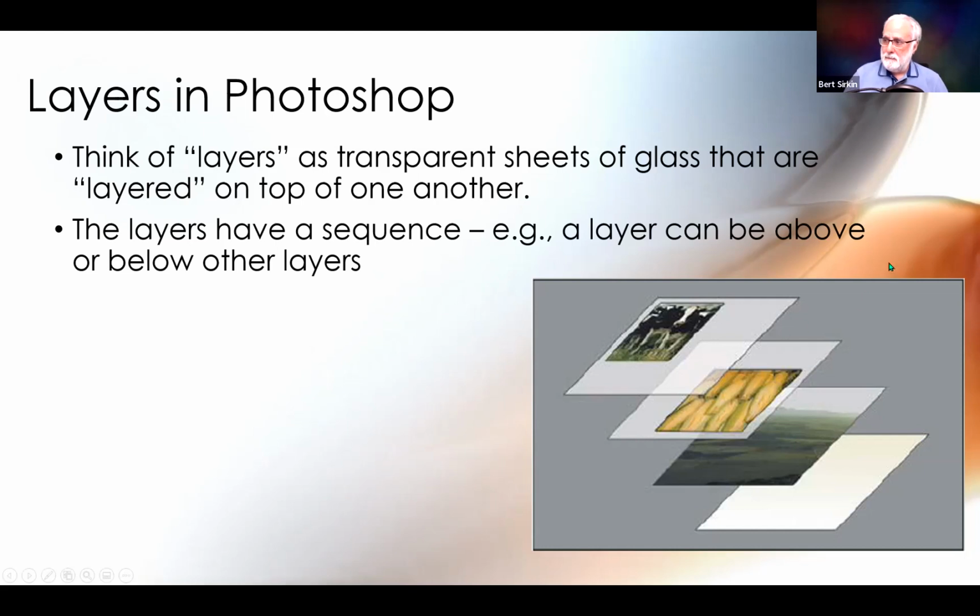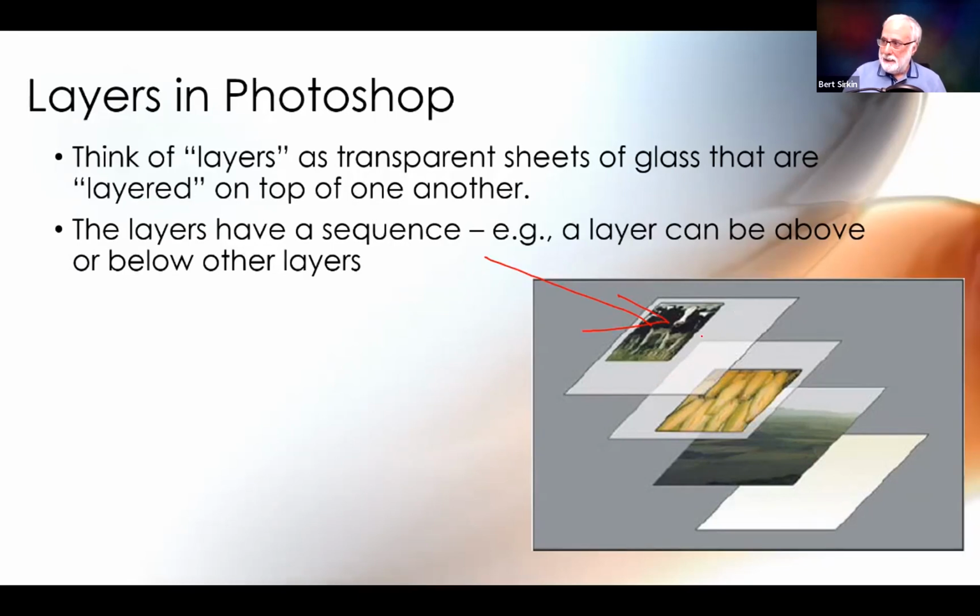So as we see in this little example here, you can see this top layer is on top of this next layer, which is on top of the next layer, which is on top of the bottom layer. And if this layer is completely covered with an opaque image, then you can't see the bottom layer, because what you're doing is looking down on the layer through each layer of glass.